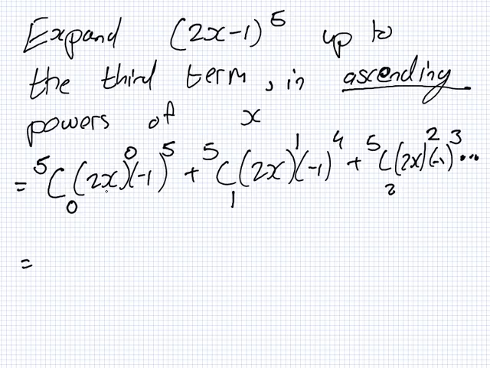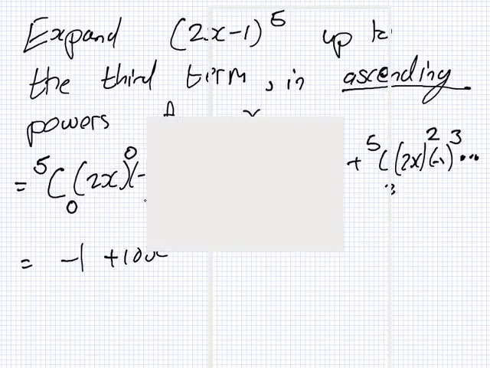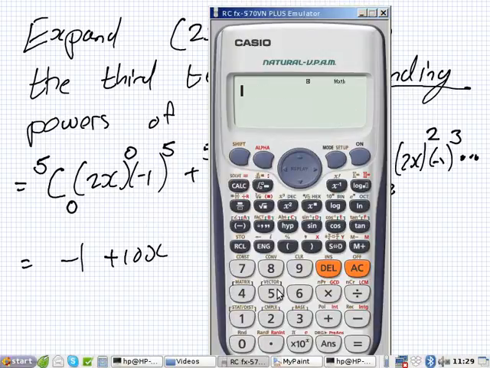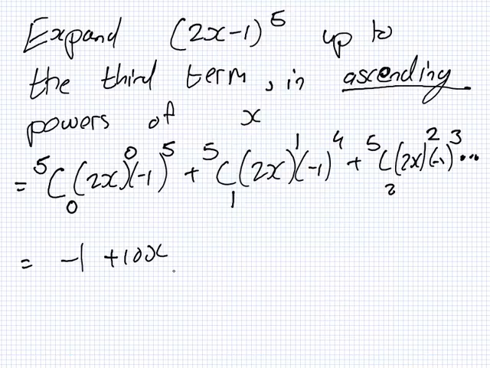So this is minus 1. This is 10x, isn't it? And then, 5C2 is 10, isn't it? That's 10 times 4, 40, minus 40. No, you're forgetting the 2x.